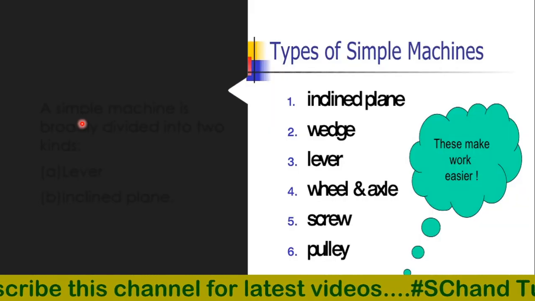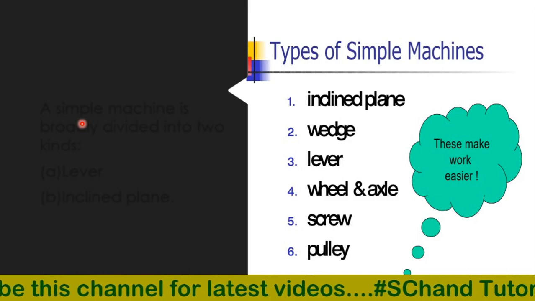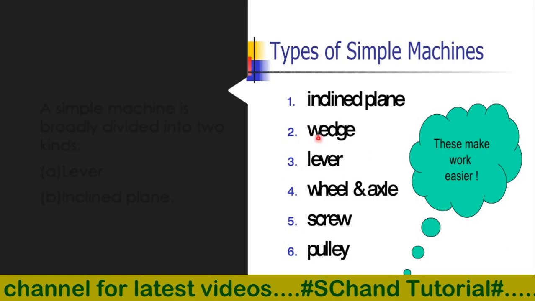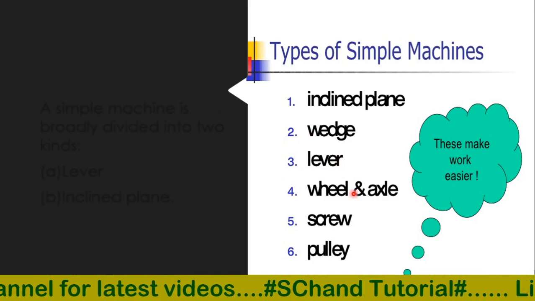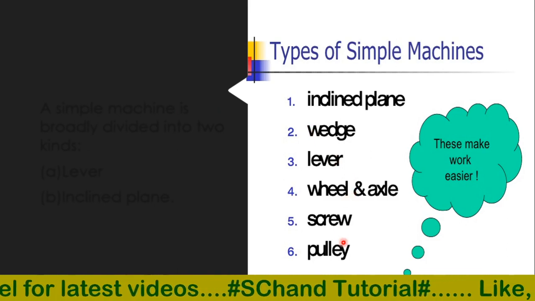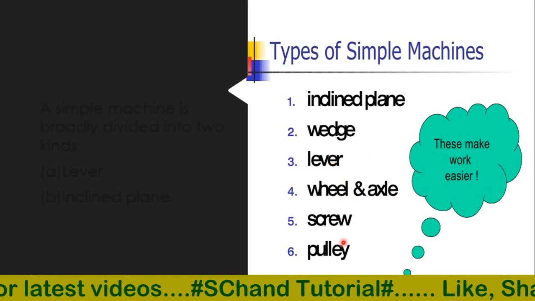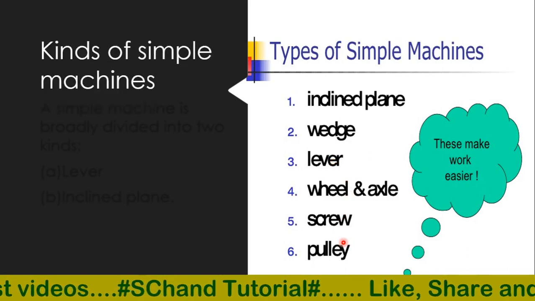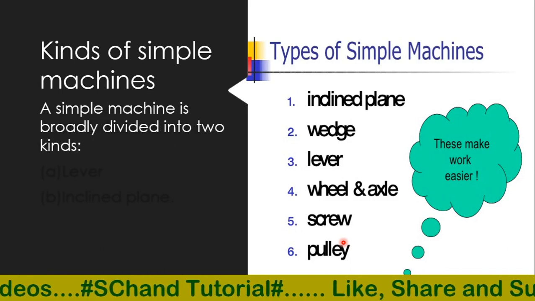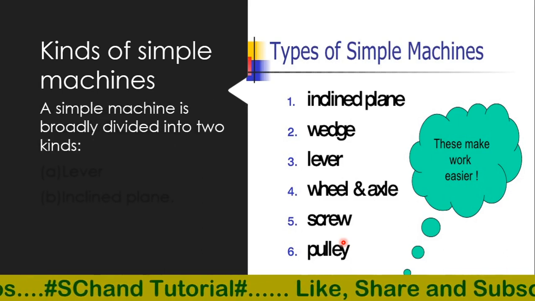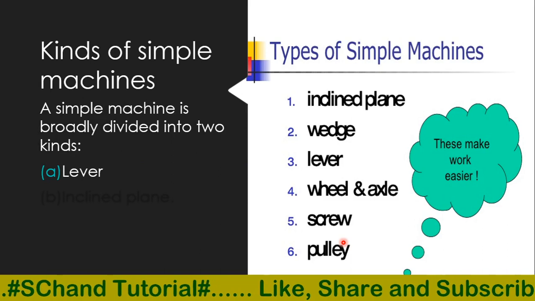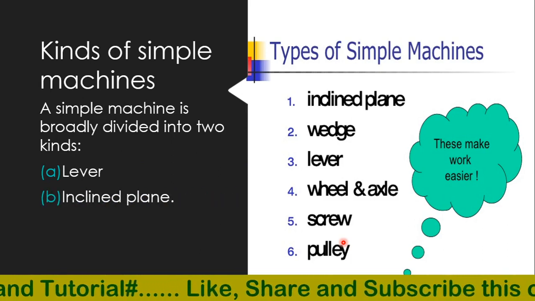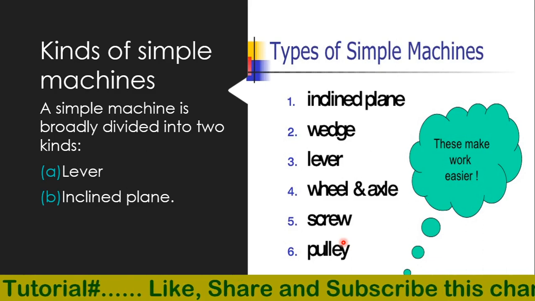So we have different kinds of simple machines: inclined plane, wedge, lever, wheel and axle, screw, pulley. These simple machines are broadly divided into two categories: first is lever and second is inclined plane.